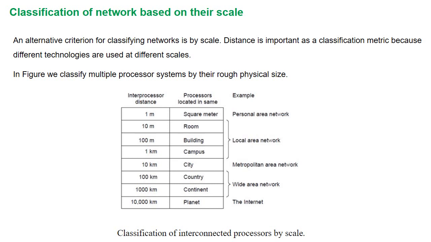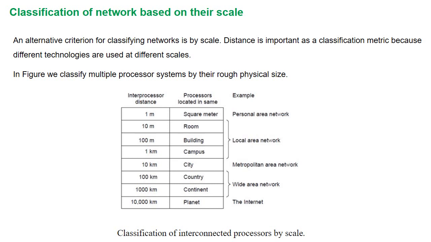Clear about it? In this tabular column, first you could see the distance. The second one is about the processors located in the places. Processors are nothing but hosts, and a host is nothing but the computer. If the distance is 1 meter between the processors, it is a personal area network.